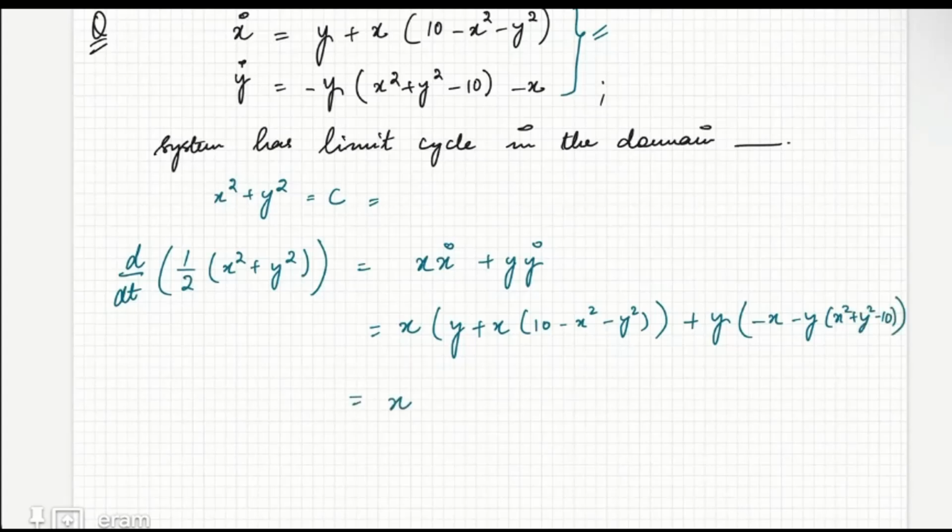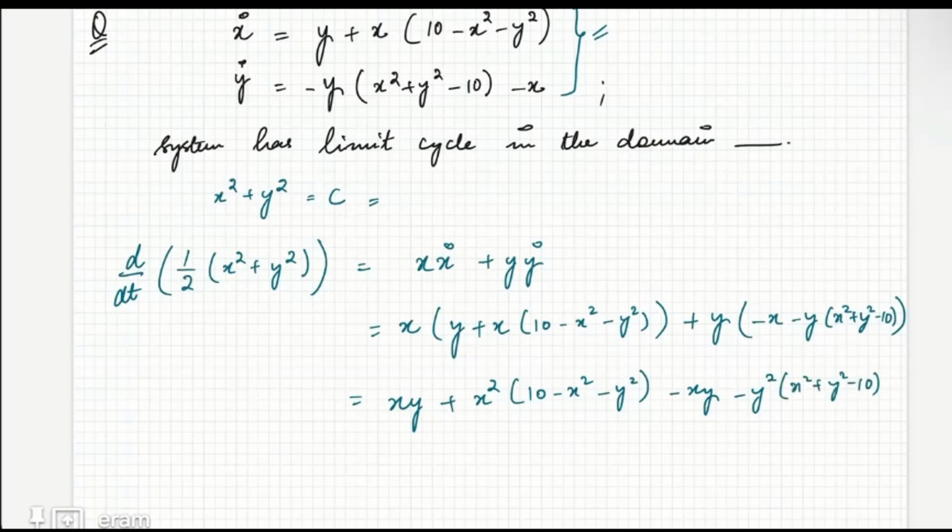So it will give us xy plus x square (10 minus x square minus y square), and then we have minus xy minus y square, and these terms cancel out.